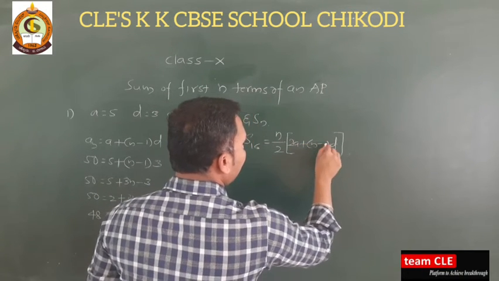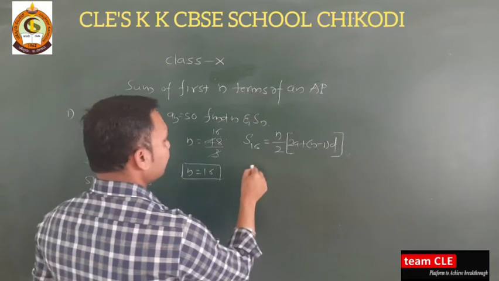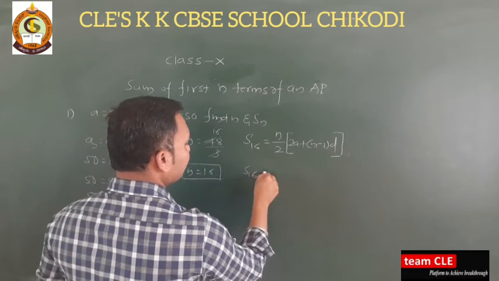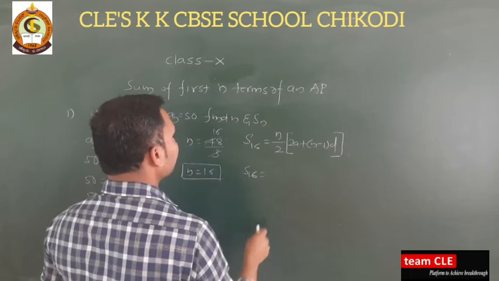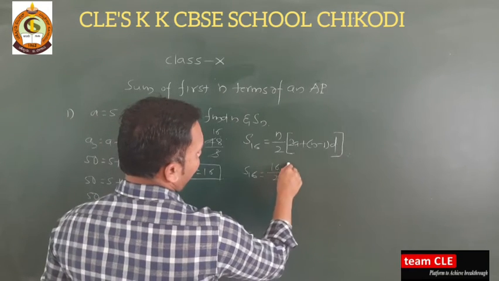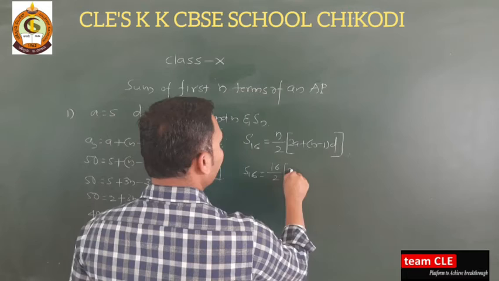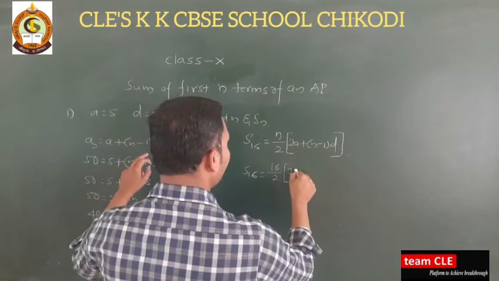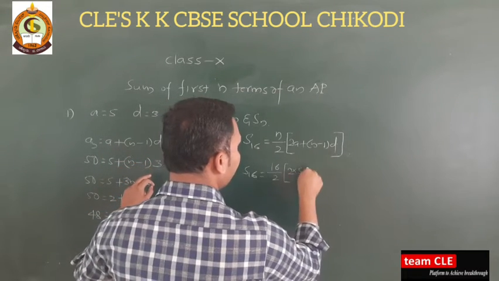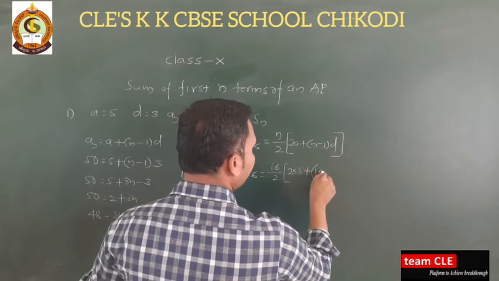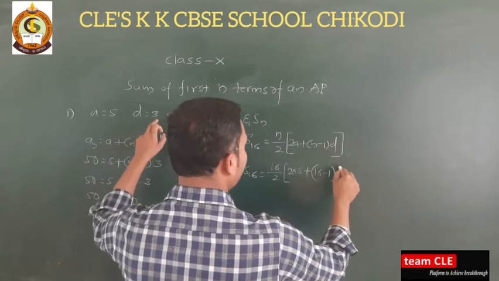So S of 16 is n by 2, that is 16 by 2, into 2 into a, where a is 5, plus n minus 1, that is 16 minus 1, and d is 3.